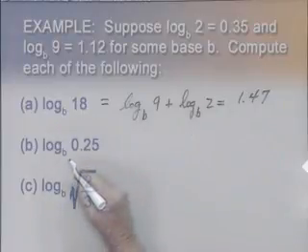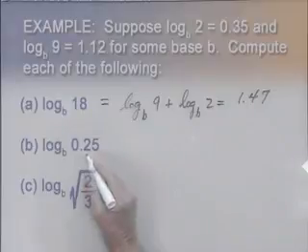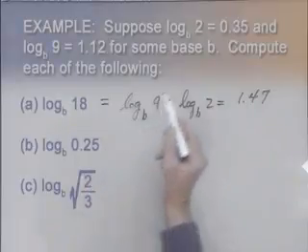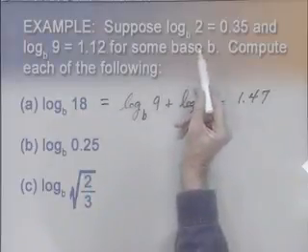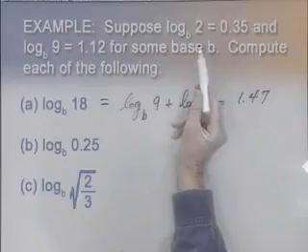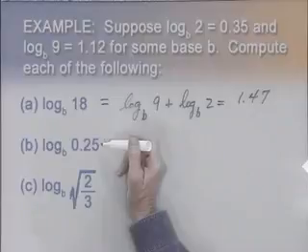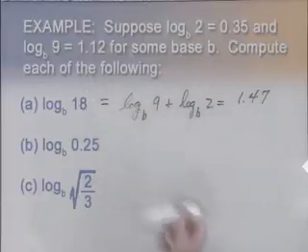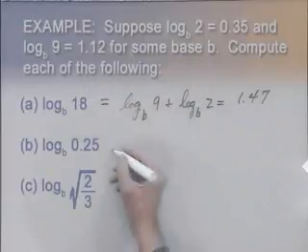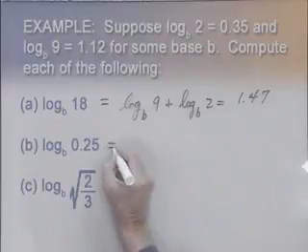The next question is, what's the log base b of 0.25? Well, now let's see. We don't have any fractions or decimals given. We're given the log base b of 2 and the log base b of 9. Do you see any connection with 0.25 and either 2 or 9? Here's what's going through my mind.